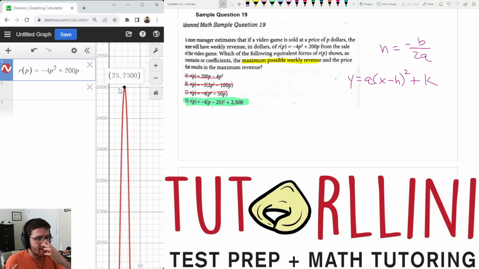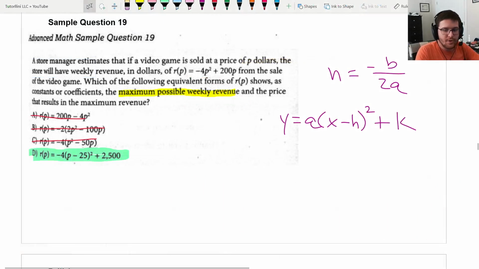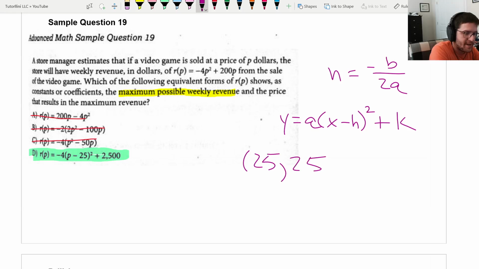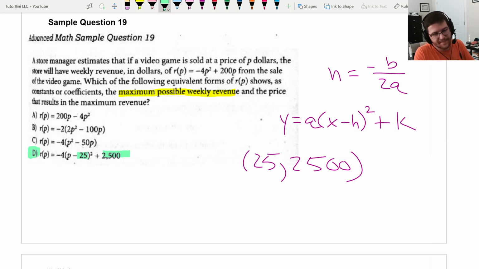So the way you would actually solve this is figure out that the maximum possible weekly revenue is 2,500, and then you look at the answer choices for the price that results in the maximum revenue. So you would figure out that the vertex is 25, comma 2,500, whether you do it by hand or on Desmos, and then look at all the answer choices to see which ones have a 25 and a 2,500. You see the only one that has a 25 and a 2,500 is answer choice D.